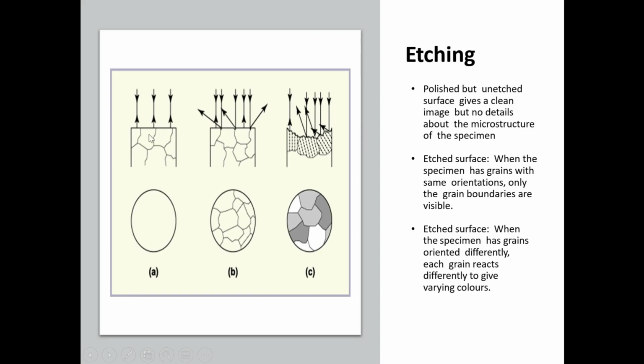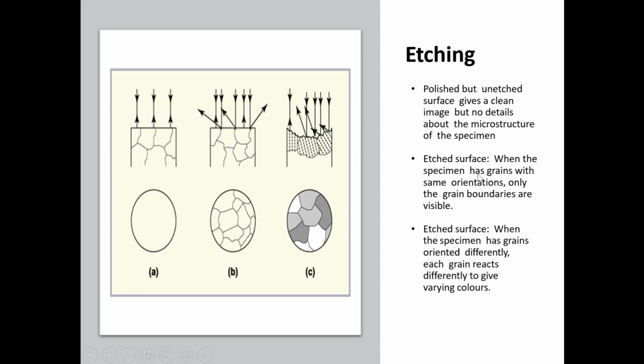So in the etching process, if you consider these figures, a polished but unetched surface gives a clean image but no details about the microstructure of the specimen. So the first image gives a polished but unetched surface, which will not show the microstructure of the specimen. The second is the etched surface.